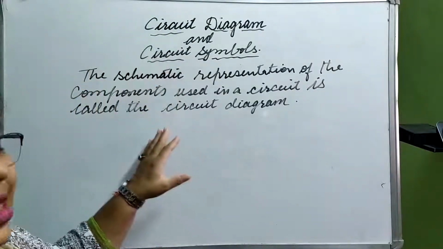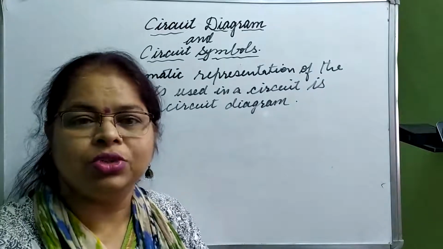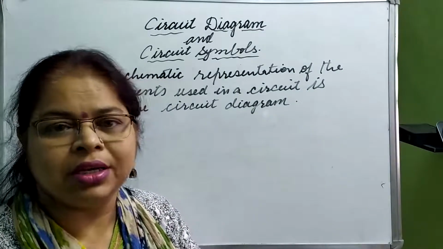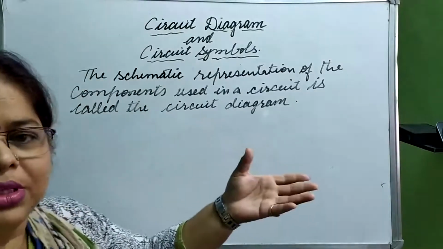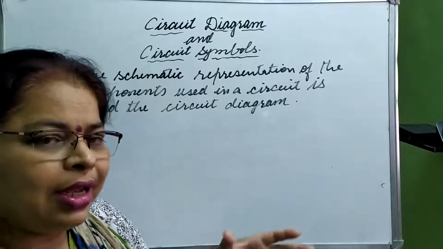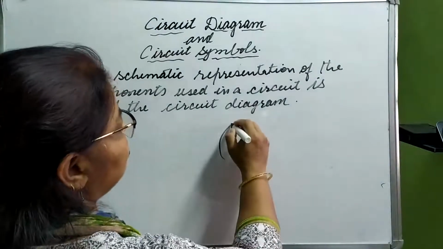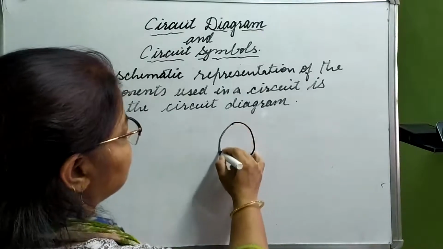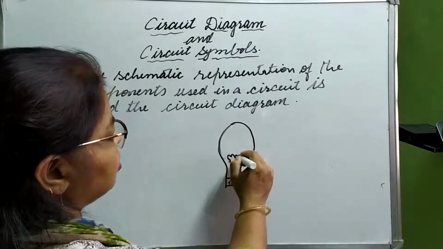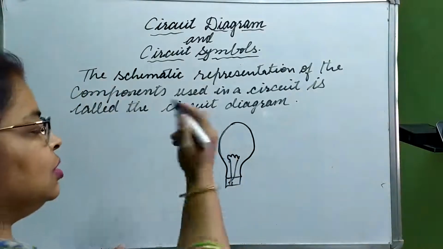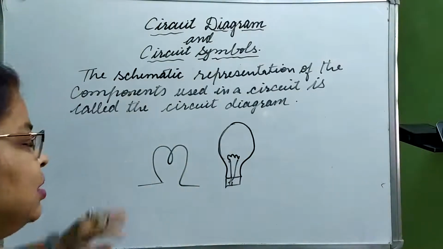So that schematic representation of the components, or whatever things we are using in the circuit, is represented by some symbols. As I'm telling you, the bulb is not shown like this, as we see it in real. Instead, some other symbol is used.